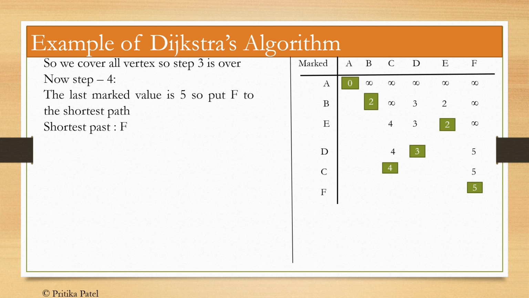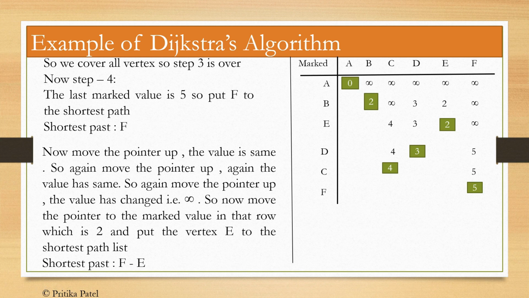Now step number 4. The last marked value is 5. So put F into the shortest path. Now move the pointer up.